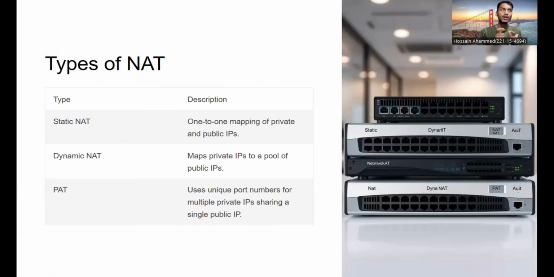Static means one-to-one mapping, and dynamic means one-to-many or many-to-many. Static NAT means one-to-one mapping of private and public IPs, but dynamic NAT maps private IPs to a pool of public IPs. And the last one uses unique port numbers for multiple private IPs sharing a single public IP.